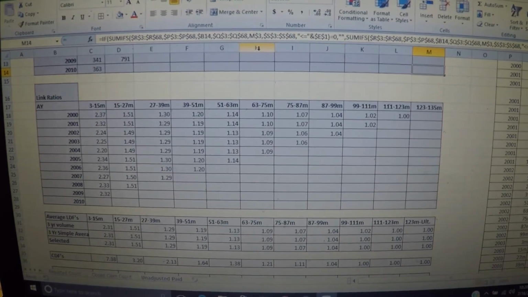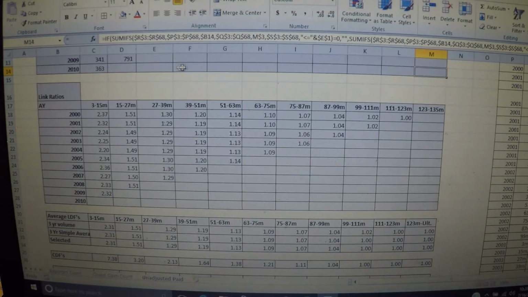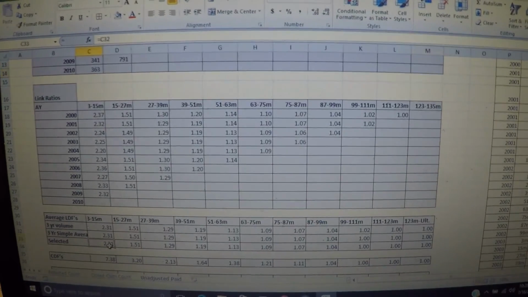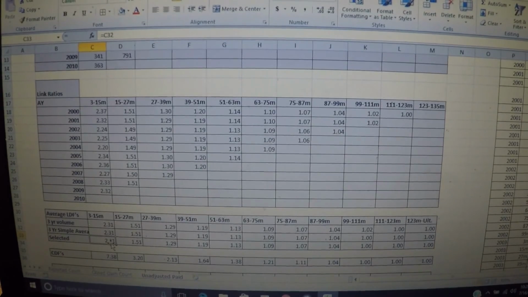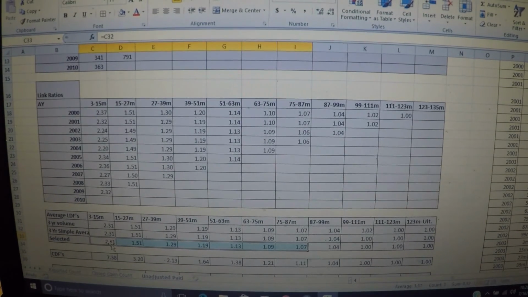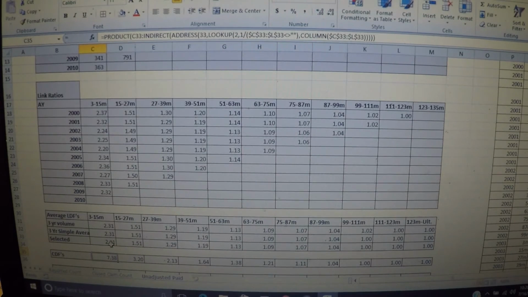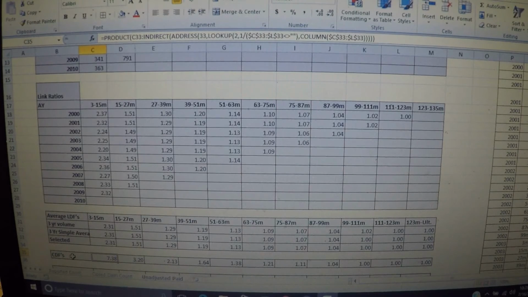So I want to multiply 363 times 2.31, then take that, multiply by 1.51, take that, multiply by 1.29. Again, I'm getting these numbers right here. This is telling me how these losses are developing. So I'm looking right here, and I'm just multiplying those. That's why I have what are called the CDFs. The CDFs, which again, are not the cumulative distribution functions. These are the cumulative developmental factors.